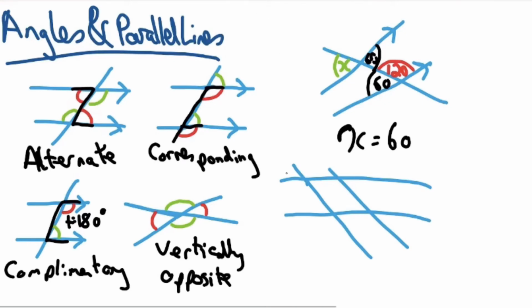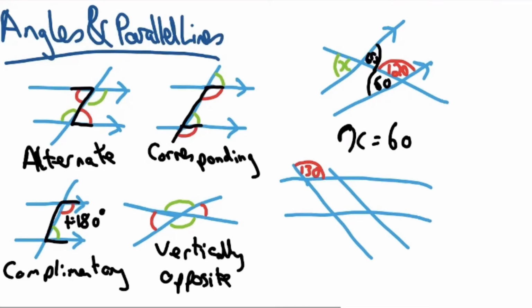Now, if we were to label this angle here, what then would be this angle down here? My advice is to try to label as many angles as you can and then see where that takes you.